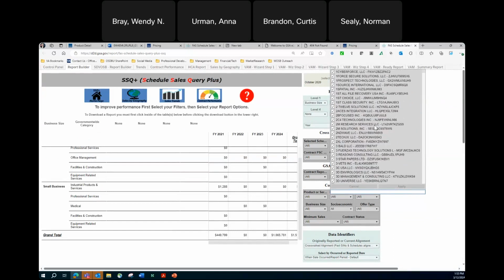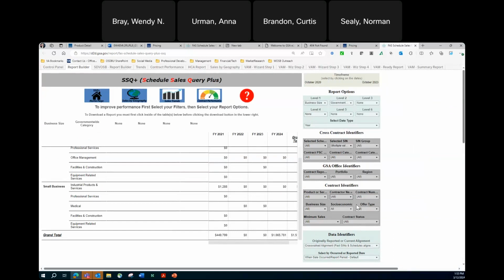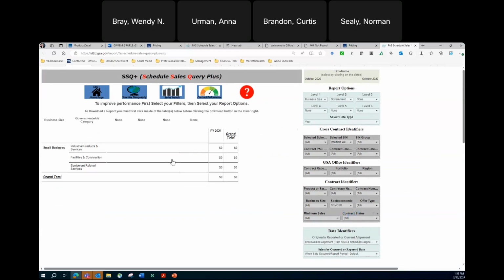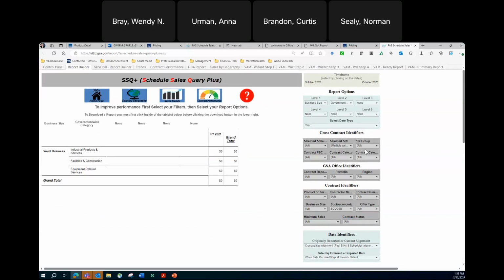It's not dynamic filtering. So you can look for specific vendors that way as well. You could narrow it down by certified SDV OSB. So you'll see that there's very little in our categorization, but that's how you could find some very specific information.